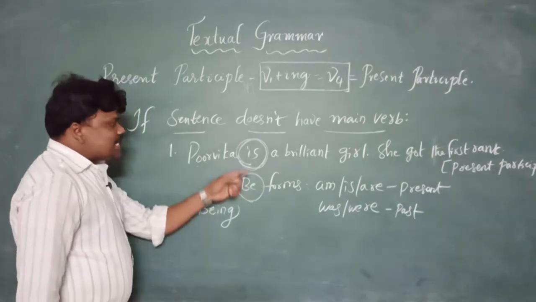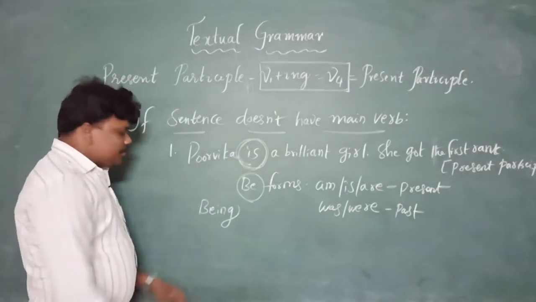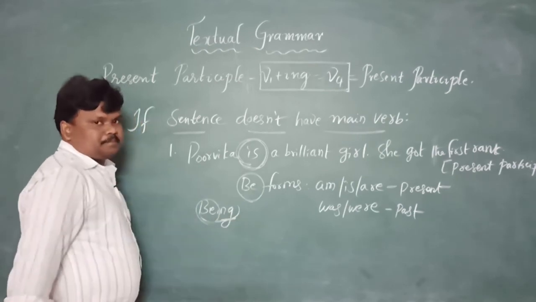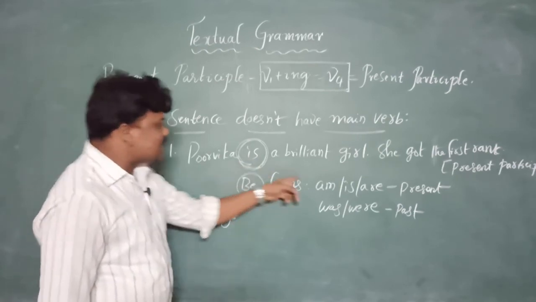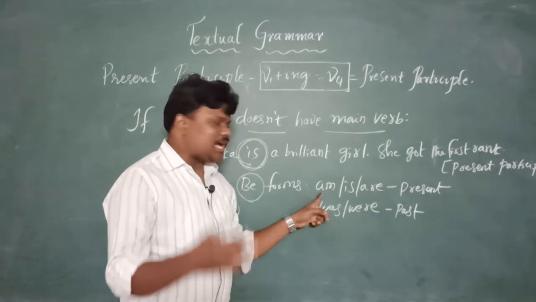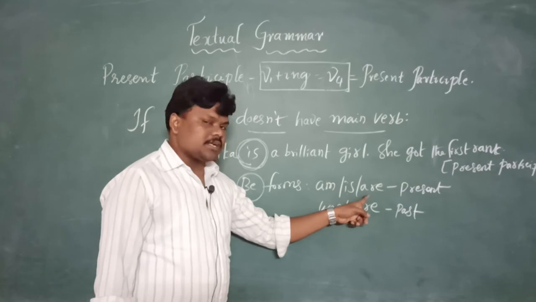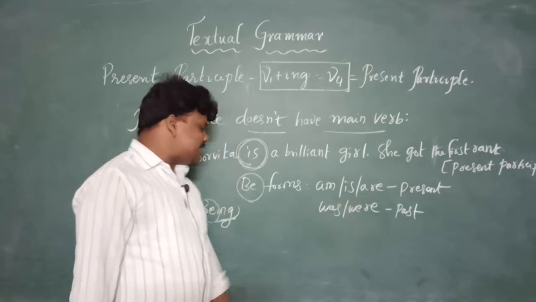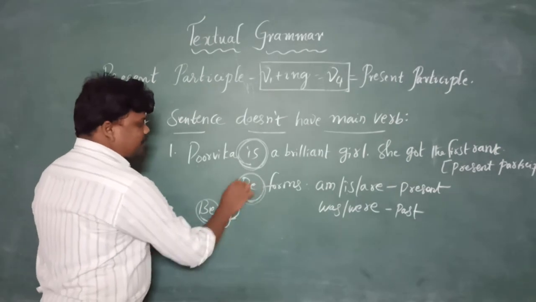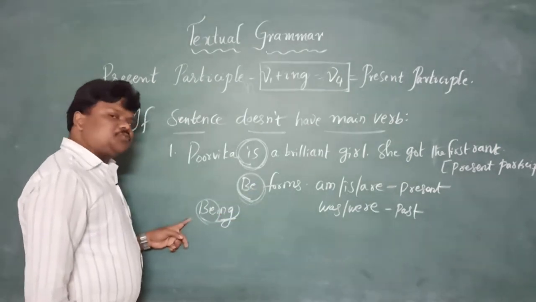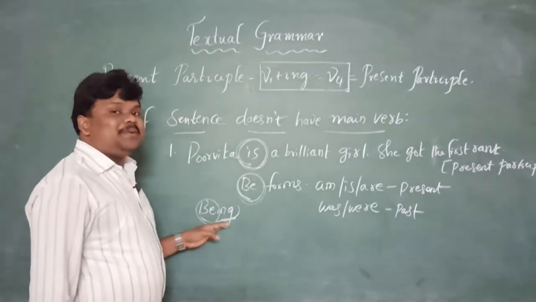Well, as it is a be form, write the be and add ing. As it is not possible to add ing, no amming, no easing, no aring, no wasing, no worrying, just add ing to the be, which gives a new word called being.